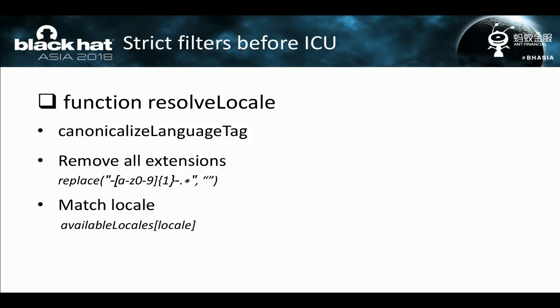This array is initialized at first and never changed. If we input an invalid locale, this check cannot pass, and it will return false. And last, we check the Unicode extension with this regular expression.